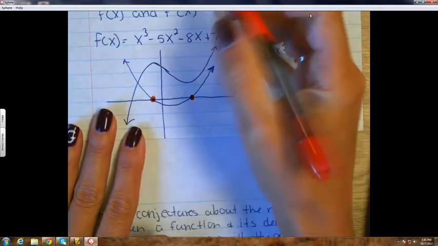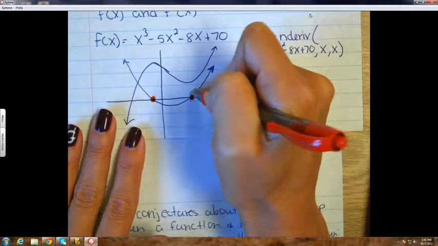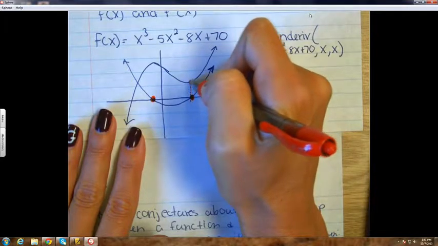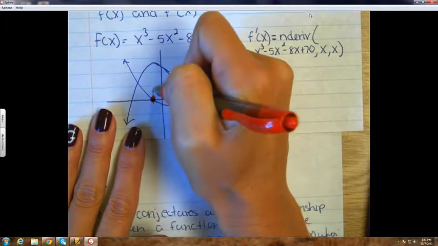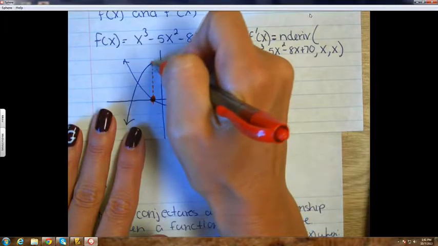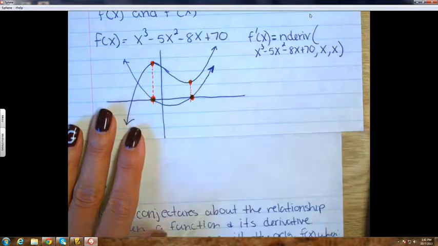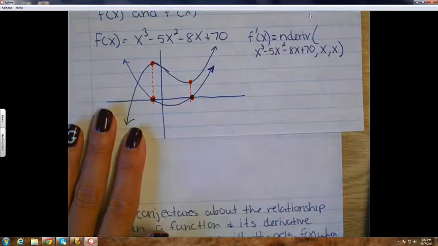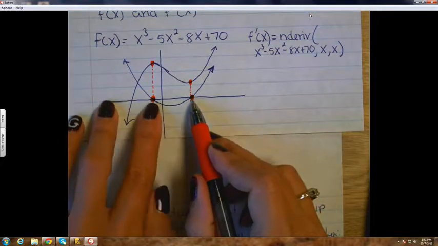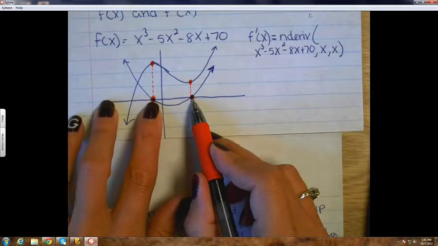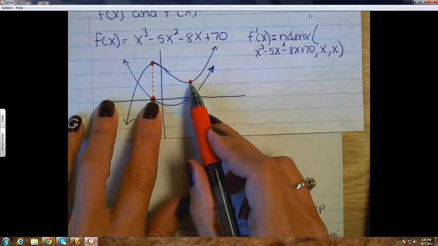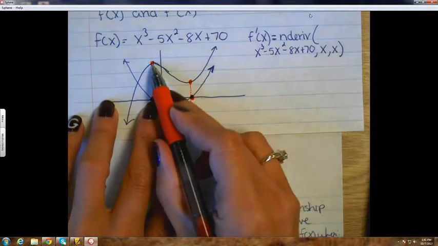Well, if you take a look at the original function, what's happening on the original function at those two spots where the derivative was equal to 0. Hopefully you're able to tell me that here the original function was a minimum and here it was a maximum.